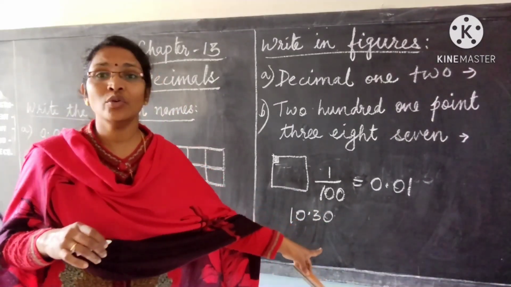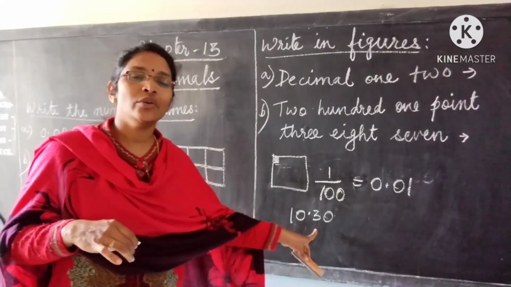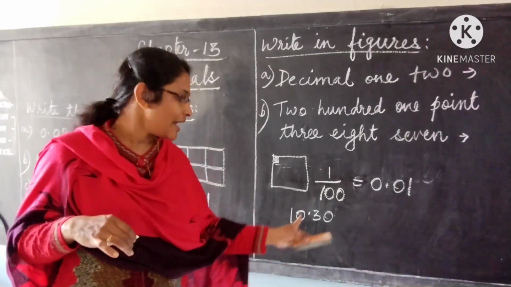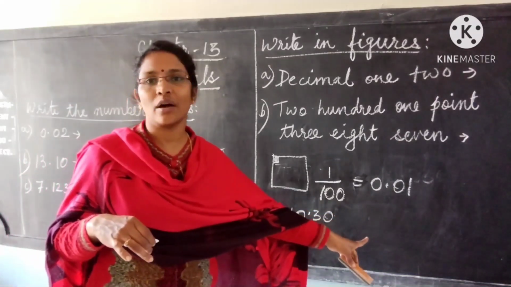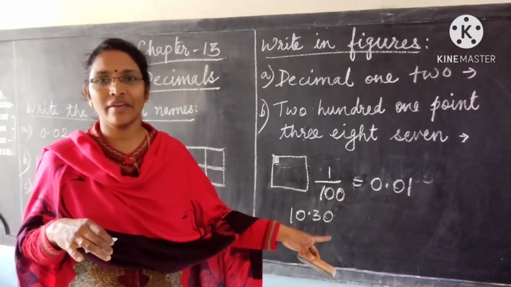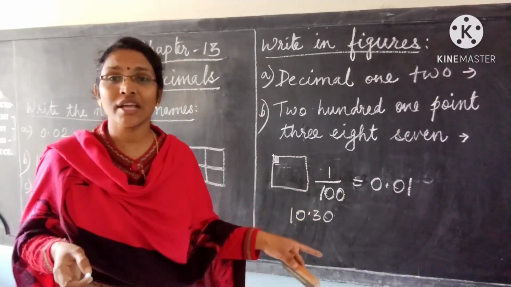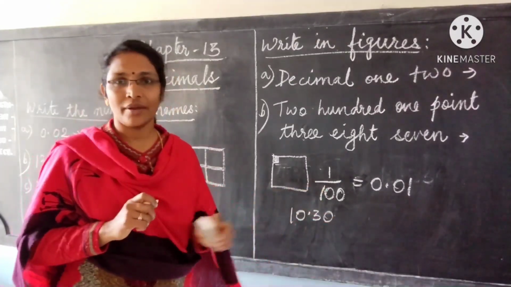Now, what about the value of this decimal? Its value is between 10 and 11. 10 is a whole number and 11 is a whole number. It is more than 10 and less than 11.